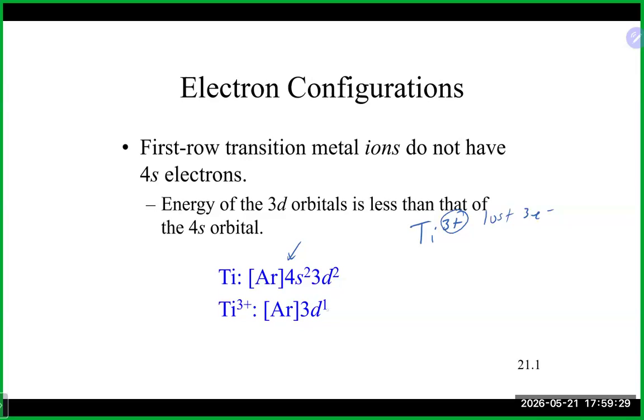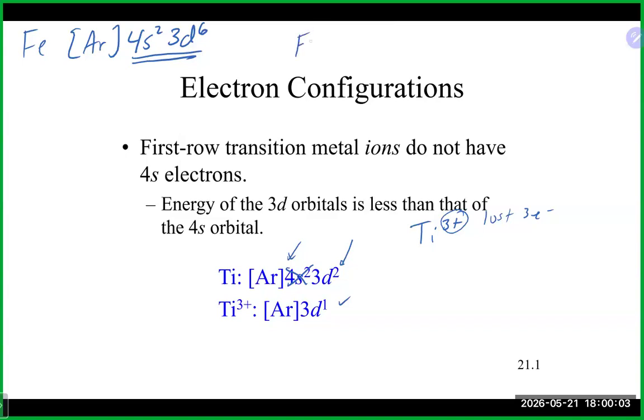So when it loses electrons, it is going to lose the electrons out of the s first because they technically are higher in energy at this point, and then it will dip into the d orbital and take out an electron there, and we would end up with argon 3d1 in this particular case. Again, as I mentioned with iron, which is 26, it is argon 4s2 3d6. This is its 8 valence electrons, technically speaking.